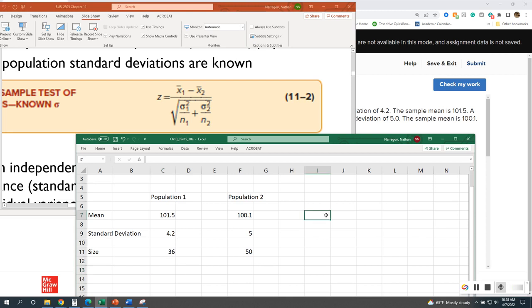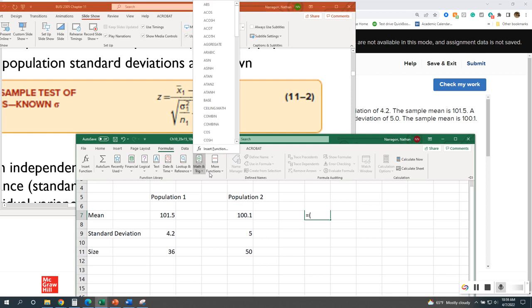Our variance is equal, in parentheses, and we'll find our formulas, Math, and find square root. So that's square root.